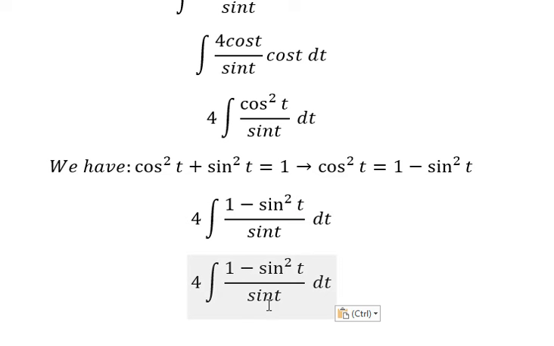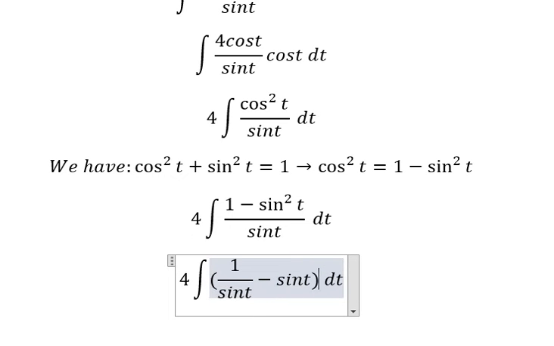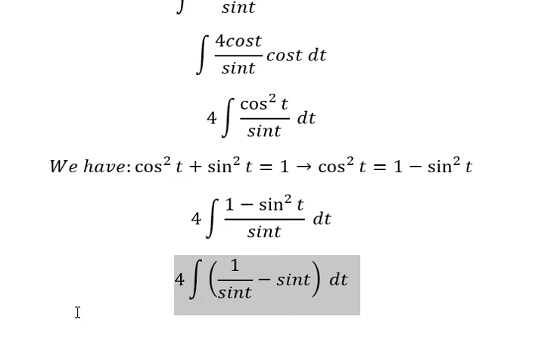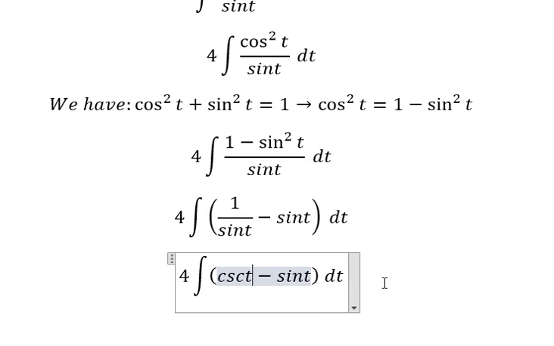So we have 1 divided by sine t squared divided by sine t. And this one you get cosecant of t.